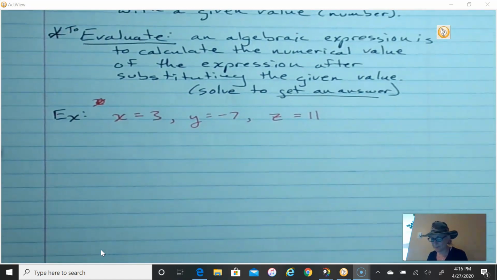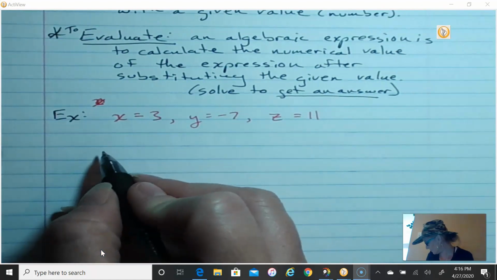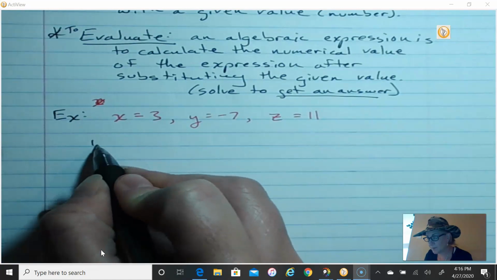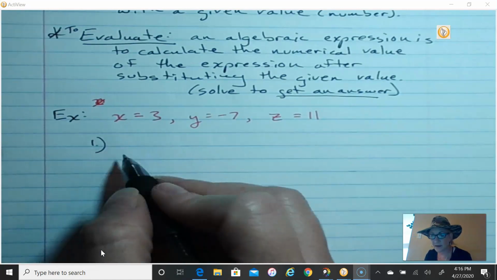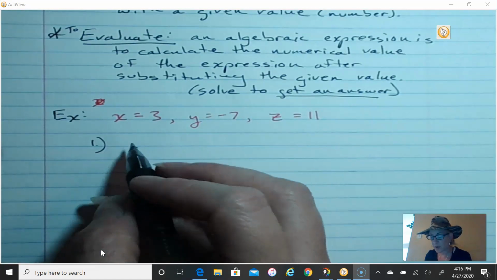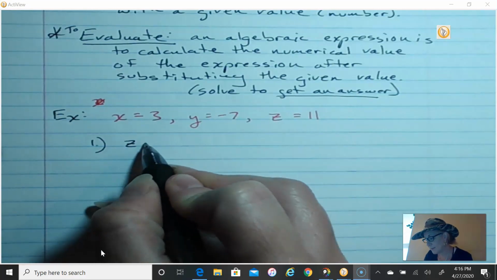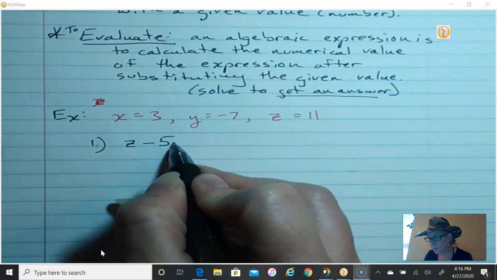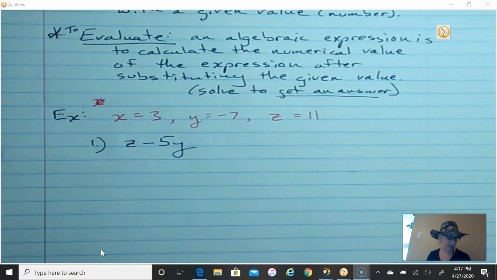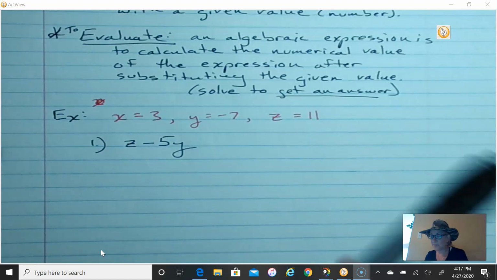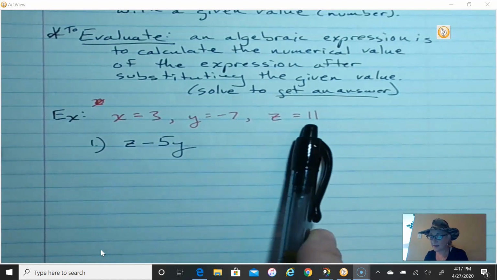The first example, which is not one of your problems, is z minus 5y. Z minus 5y.